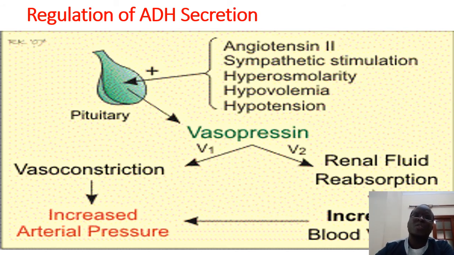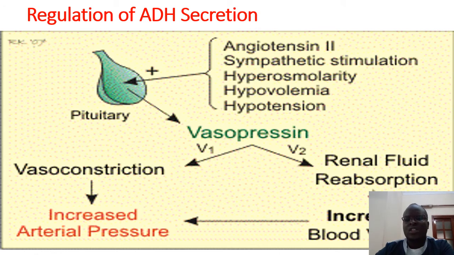The angiotensin 2 has a lot of vascular function. One of the functions is that it can go to the posterior pituitary gland to stimulate the release of ADH. So under the influence of angiotensin 2, the secretion of ADH is going to increase.